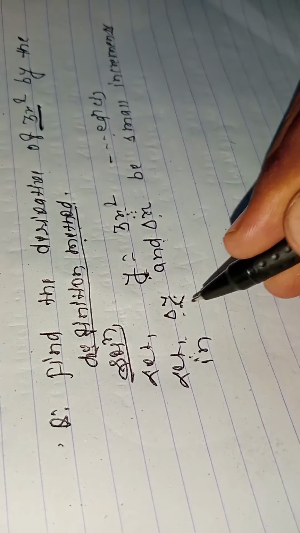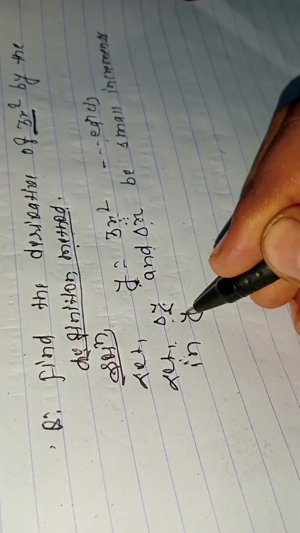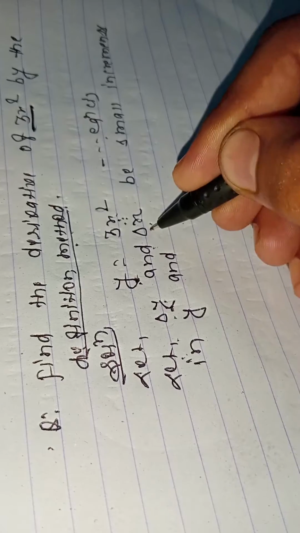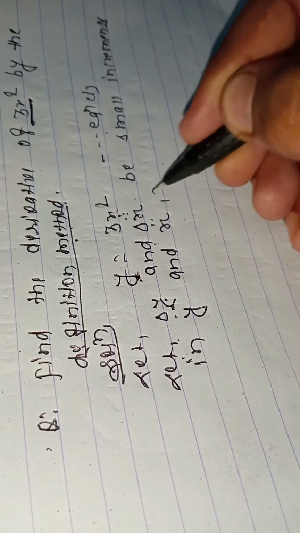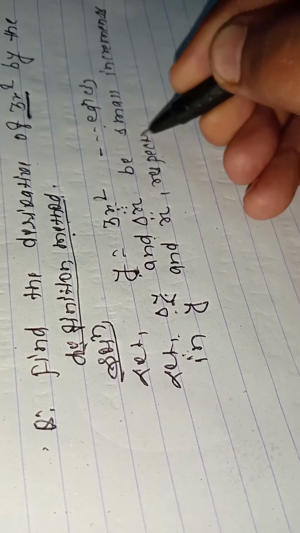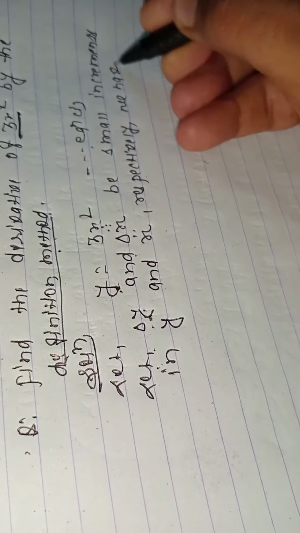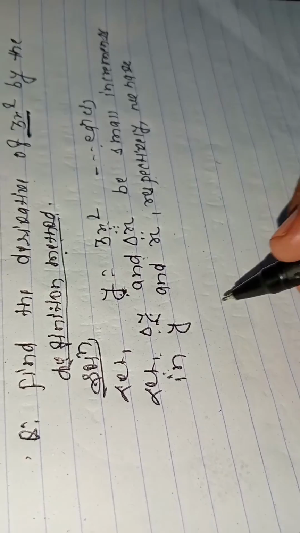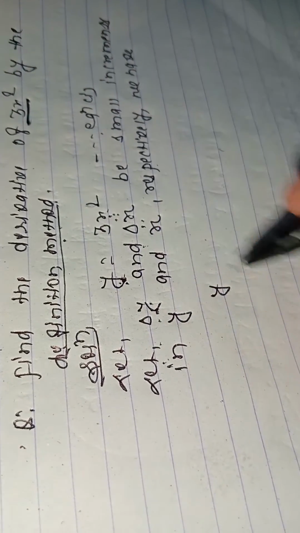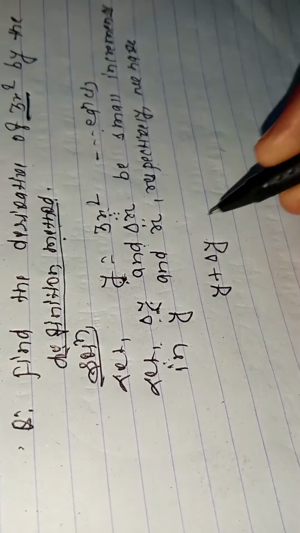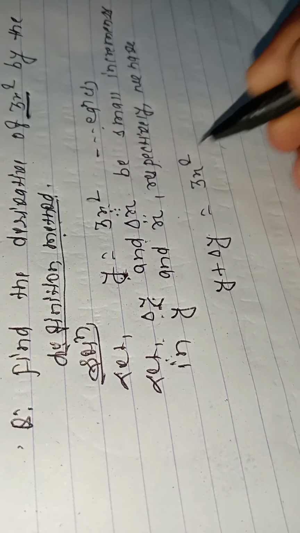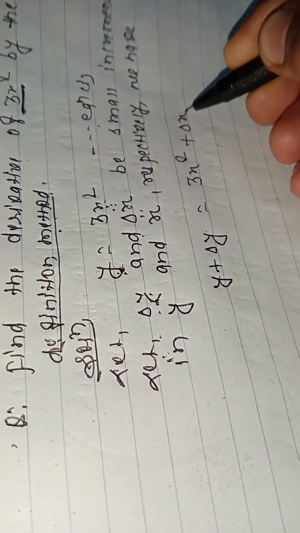The first component is delta y, so write y. The second component is delta x, so write x respectively. Now go on to increment: y plus delta y equals 3x square plus delta x.